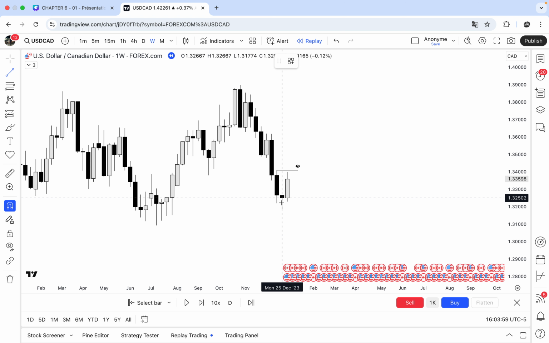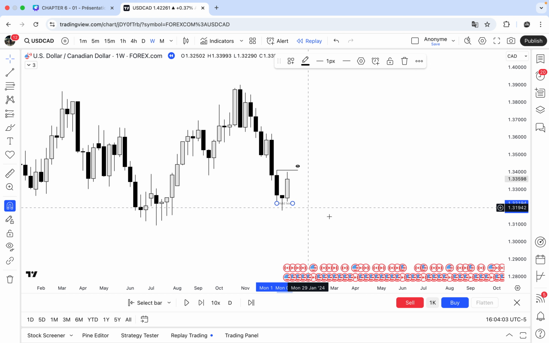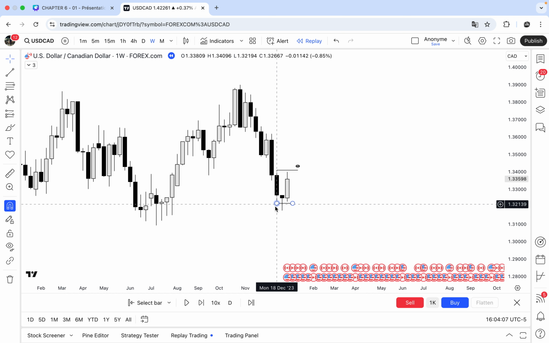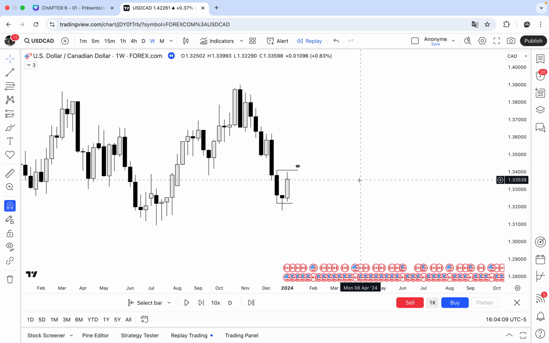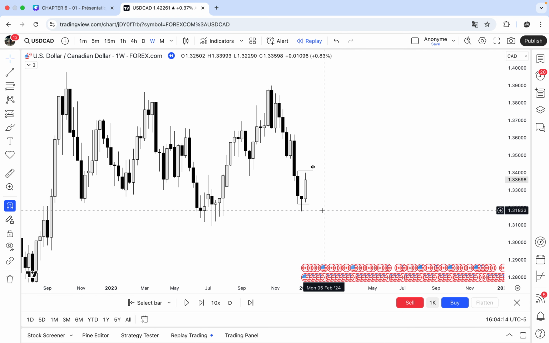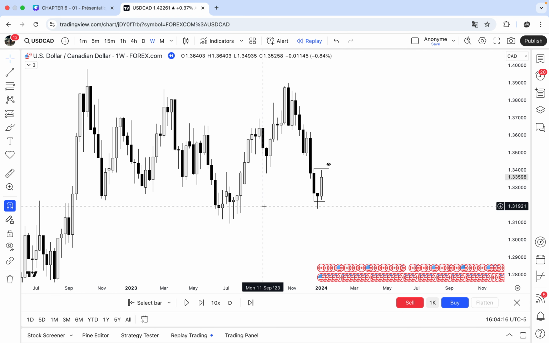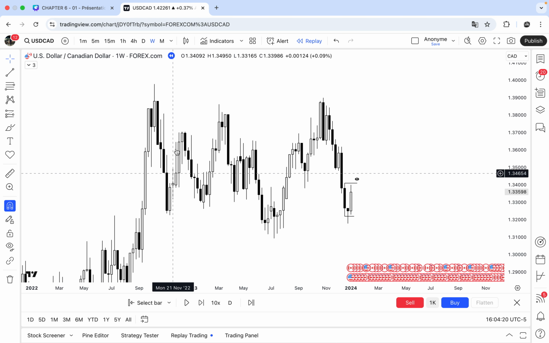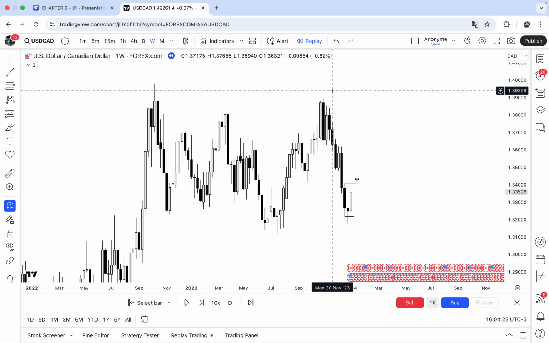In there, this is a CRT also. This is a CRT. Candle 1, candle 2, candle 3. Now, on the bigger picture, this is ranging, right? This is a big range.